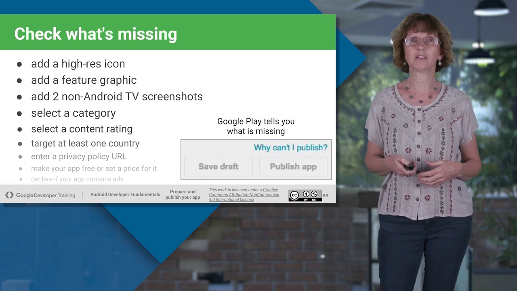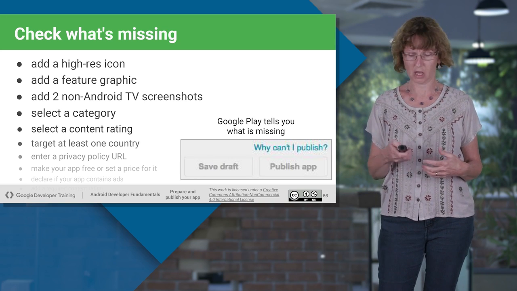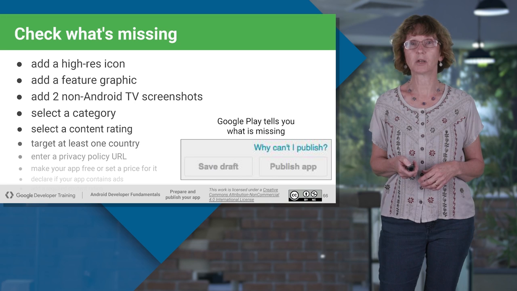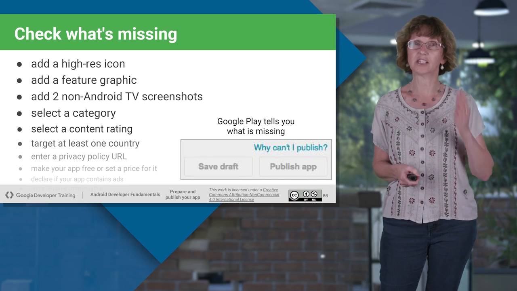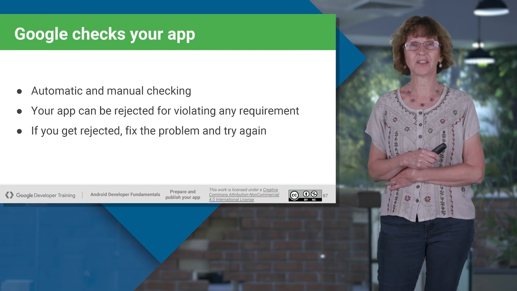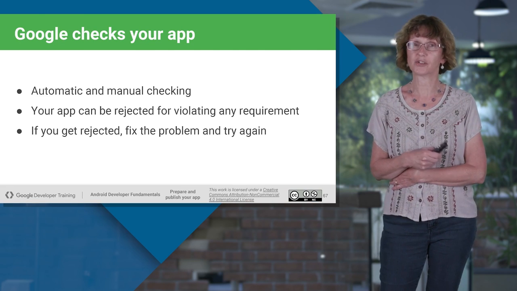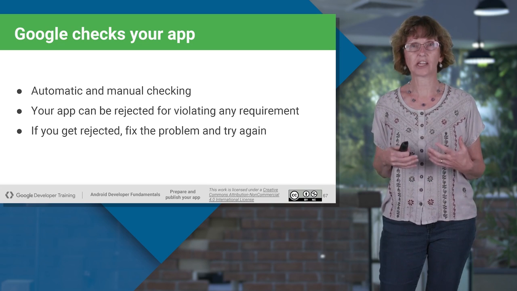There's a lot of things you need to do, and you might be thinking, how am I going to remember all this? Right there in the Google Play Developer Console, there's a little link: Why can't I publish? You click that, and it'll tell you all the things that are missing. When you satisfy everything and you're ready to publish to the world, you submit it, and Google does check your app.